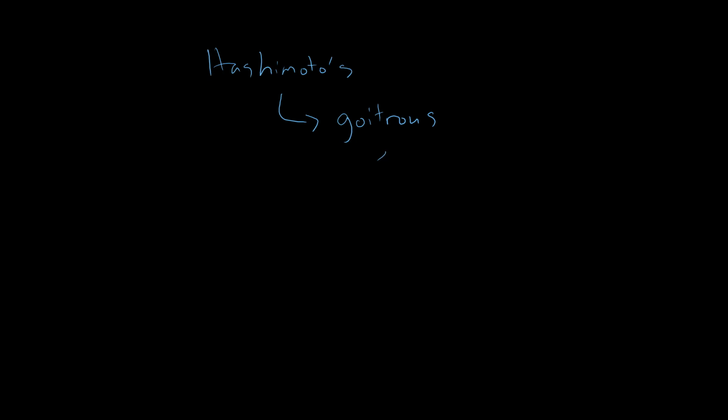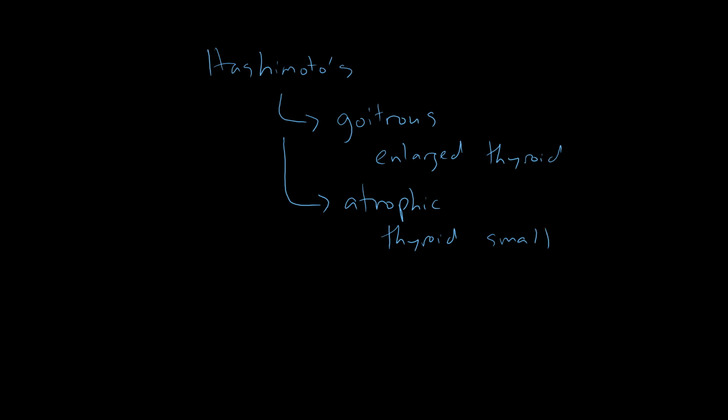And this means that the thyroid is enlarged. Or it can be what's referred to as atrophic. And in general, this would mean that the thyroid is small. So not everybody with Hashimoto's thyroiditis gets a goiter, which is an enlarged thyroid. And in some cases, the thyroid may be normal in size, so sort of in between these two.